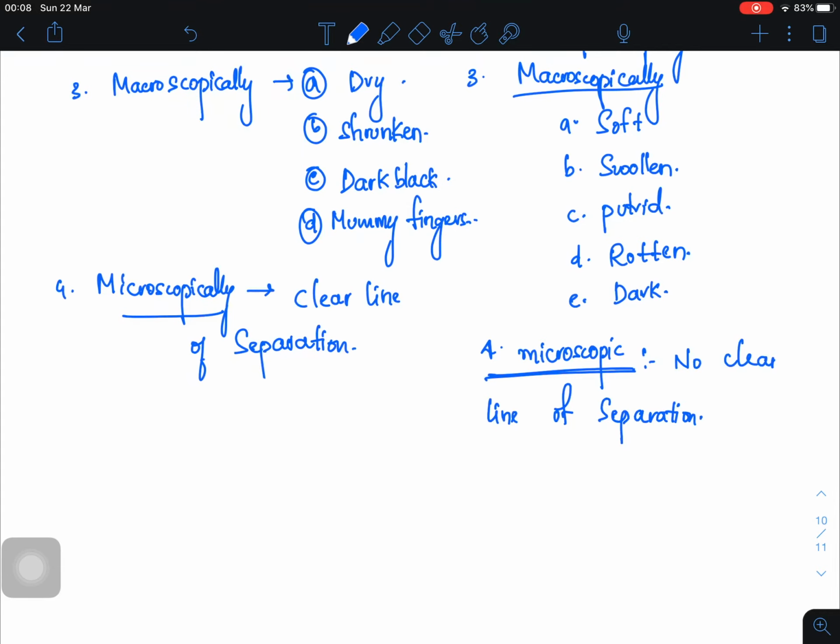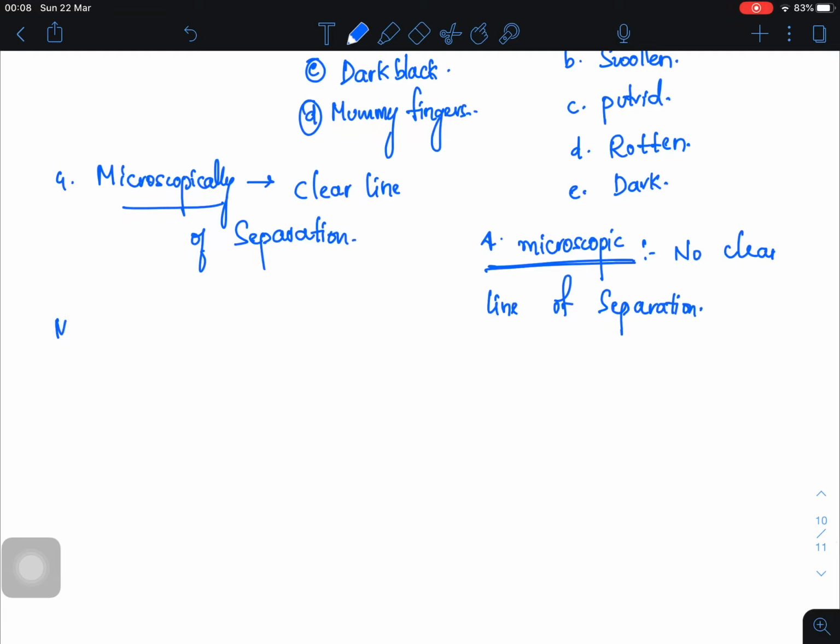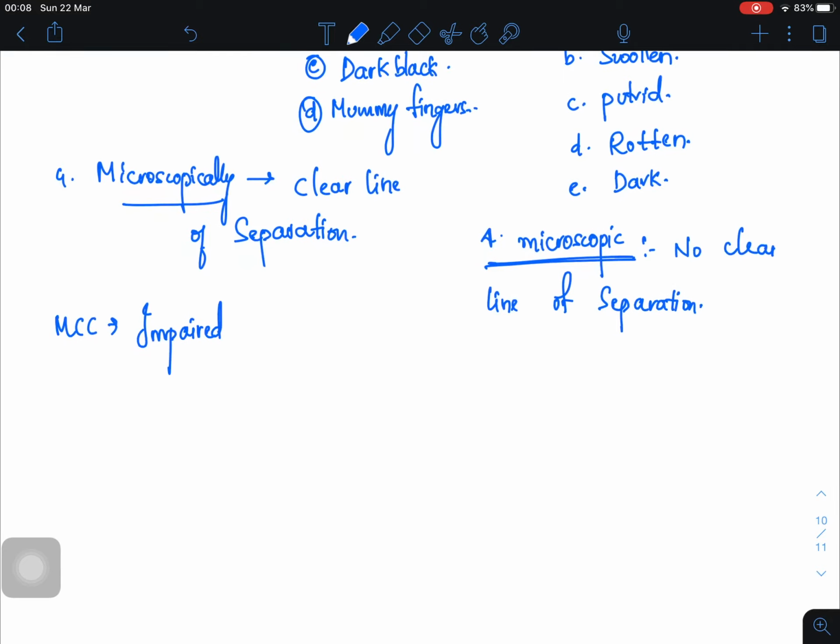Now, what is the most common cause of dry gangrene? The most common cause is loss of blood, or I can also call it impaired blood flow. When you don't supply a proper amount of blood to your distal extremities, obviously they will undergo infarction and necrosis, and they will die.